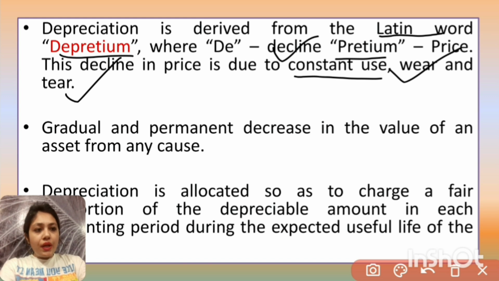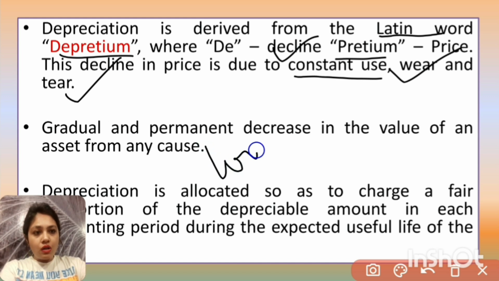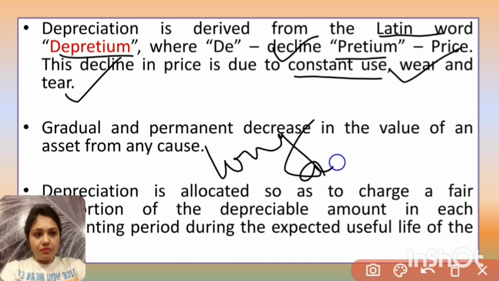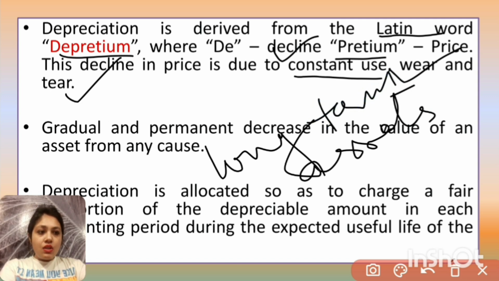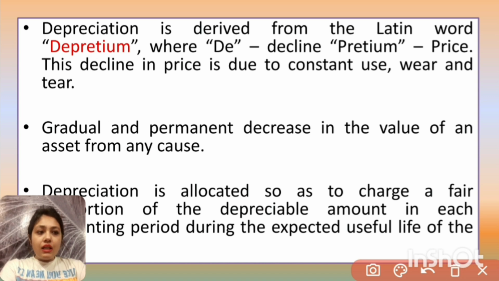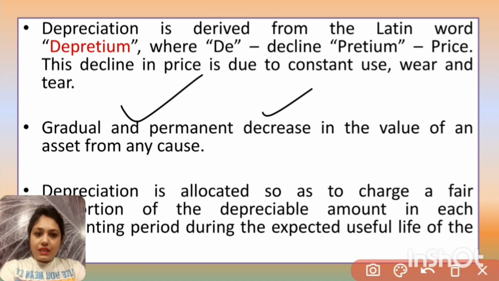The point to be noted over here is that depreciation is always accounted for long-term assets, and not short-term assets. So I can say that depreciation is a gradual and permanent decrease in the value of the asset.